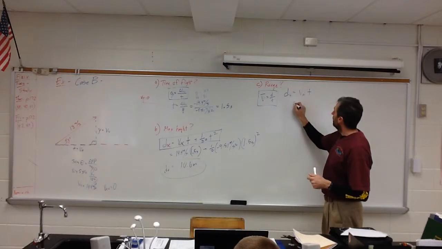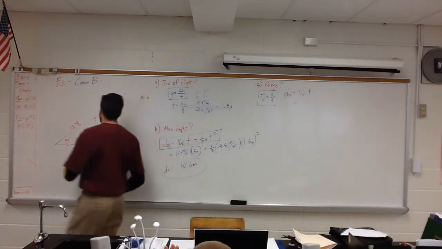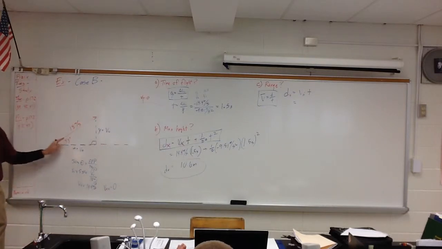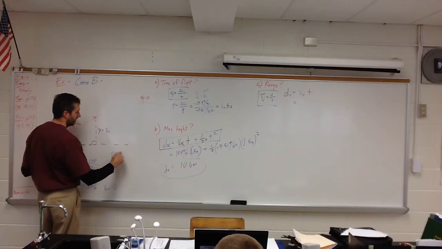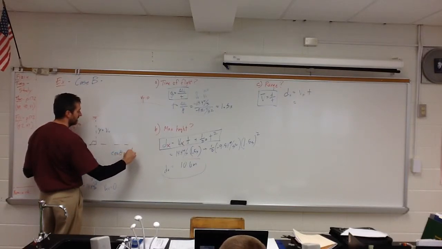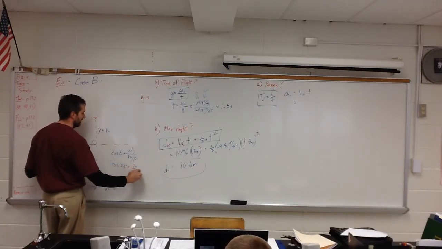And we don't have horizontal velocity. Back to the original picture. We need this. We're going to do adjacent over hypotenuse, which is cosine. So cosine of theta is adjacent over hypotenuse. Cosine of 53 degrees is the one I'm looking for, the Vh, over the 18 meters per second.